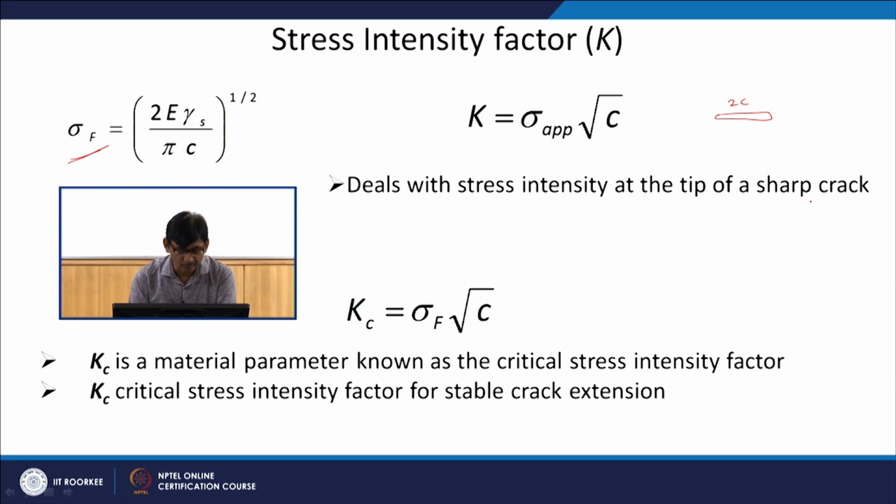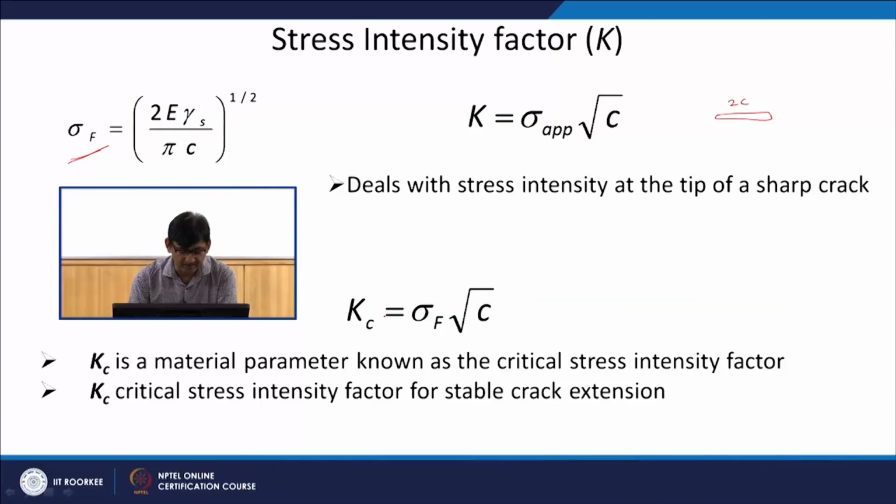Now, you can also define a critical intensity factor. This will be when the stress is sufficient to start the fracture, to start the crack propagation. As the Griffith criterion has already assumed, we believe there are going to be small defects and cracks inside the material.